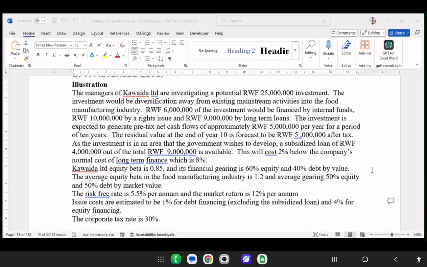What is the flotation cost? How much is the flotation cost? You can read through that question. Give me the flotation cost.